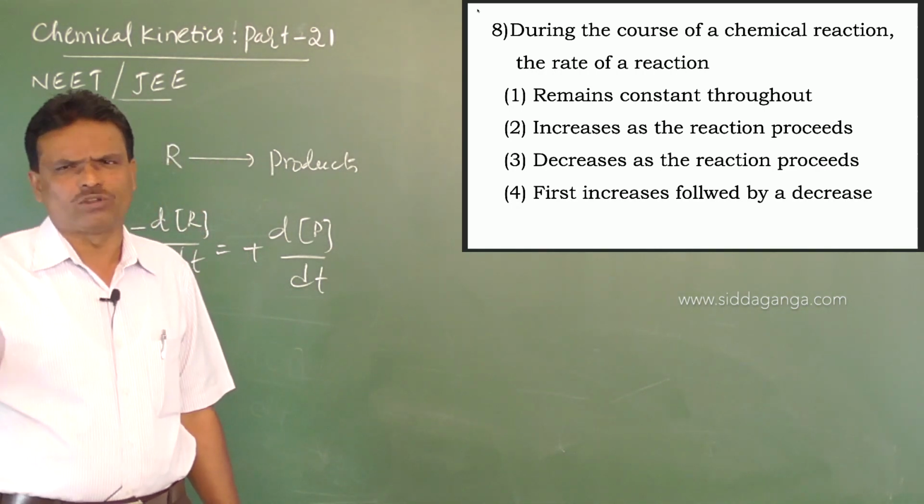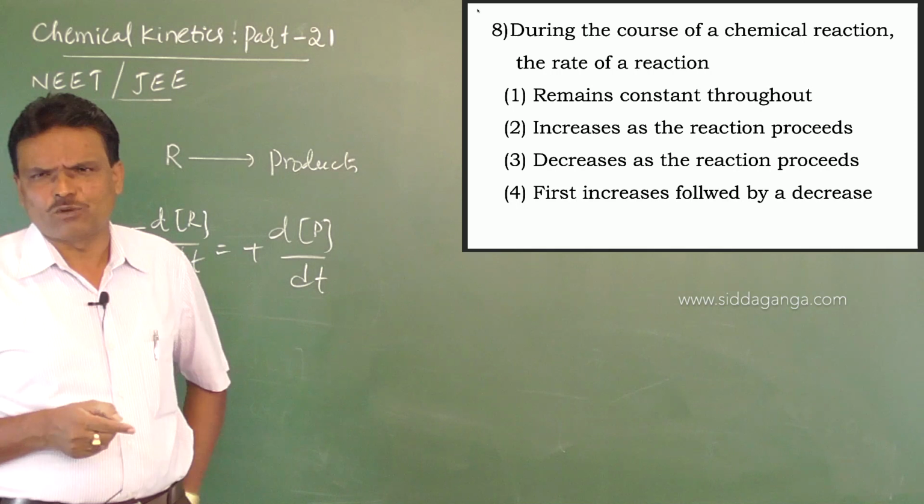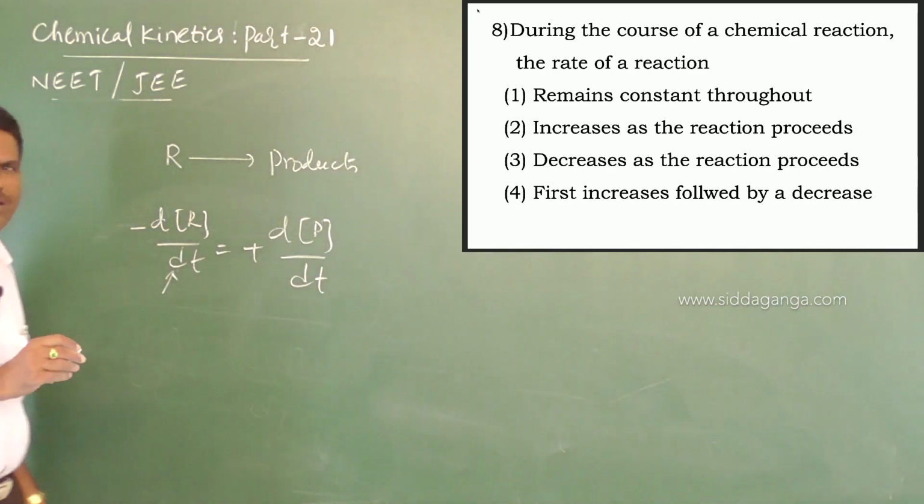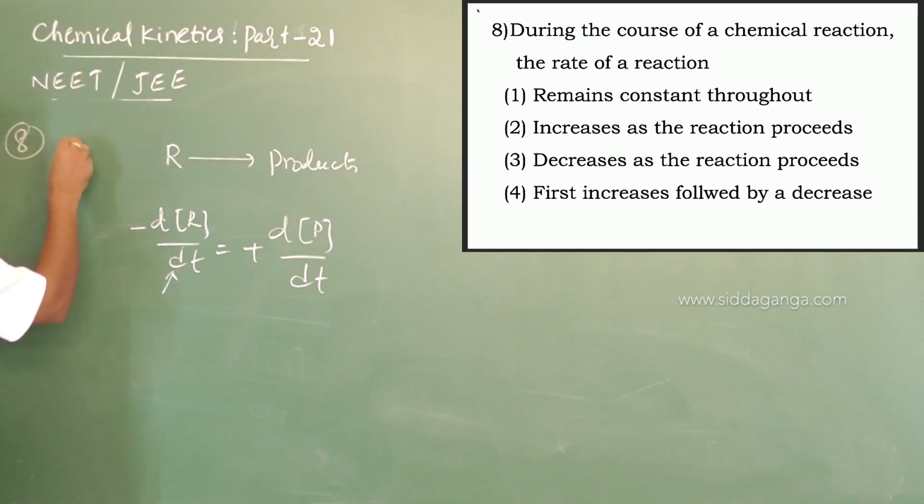Remains constant throughout is wrong. Increases as the reaction proceeds is also wrong. Decreases as the reaction proceeds, so the third option is the right option for question number 8.